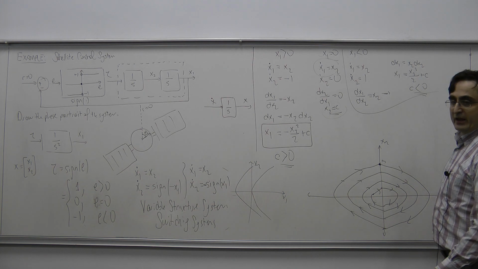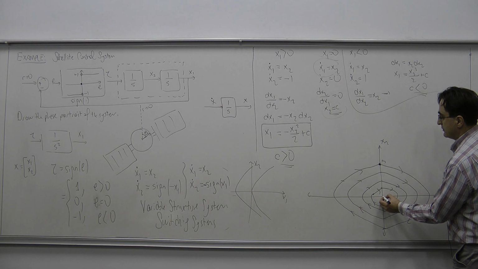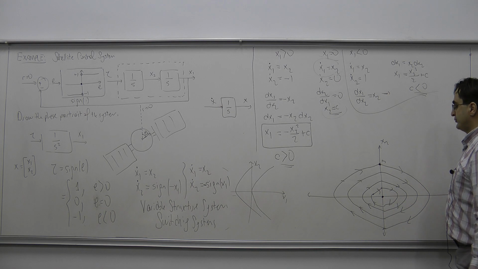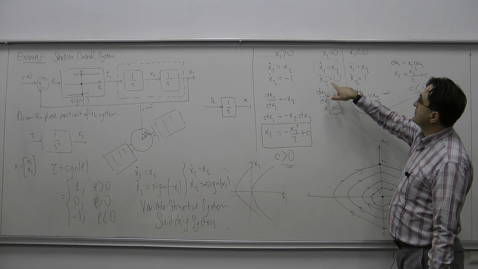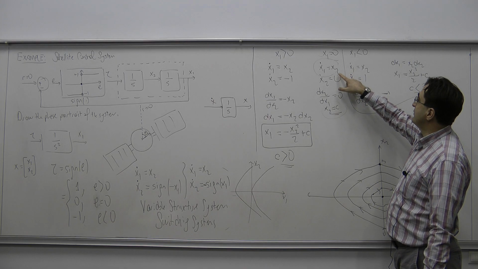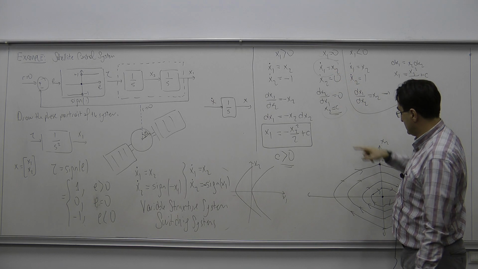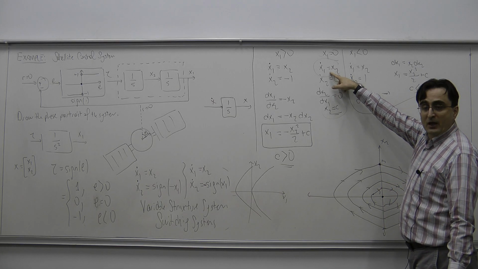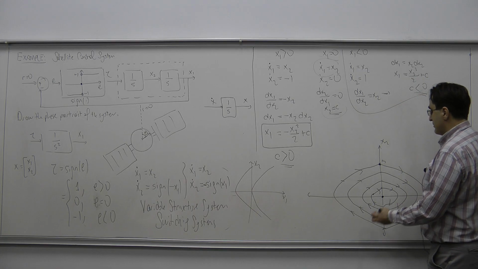There is only one exception to this, and it is this point. If x1 equals 0, I have this dynamics, and what happens if x2 is equal to 0 as well? x1 dot becomes 0 as well, so x1 remains constant. So then what happens?